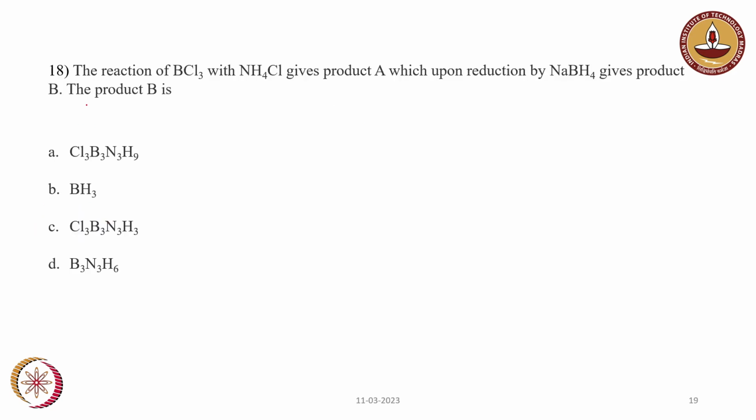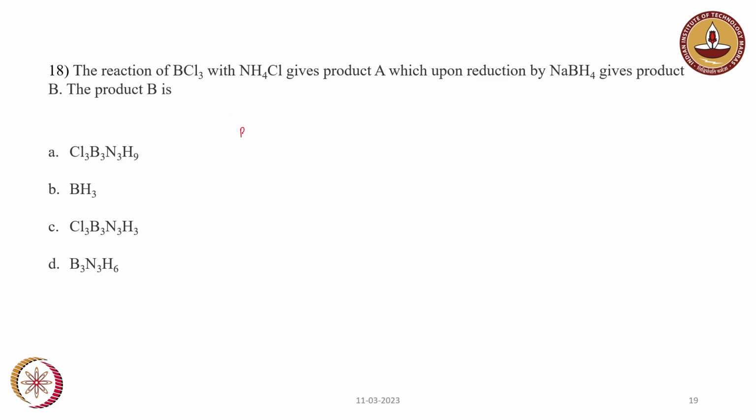The next question: the reaction of BCl3 with ammonium chloride gives product A, which upon reduction by NaBH4 gives product B. The product B is option A Cl3B3N3H9, B is BH3, C is Cl3B3N3H3, and option D is B3N3H6. So let's write down the equation.